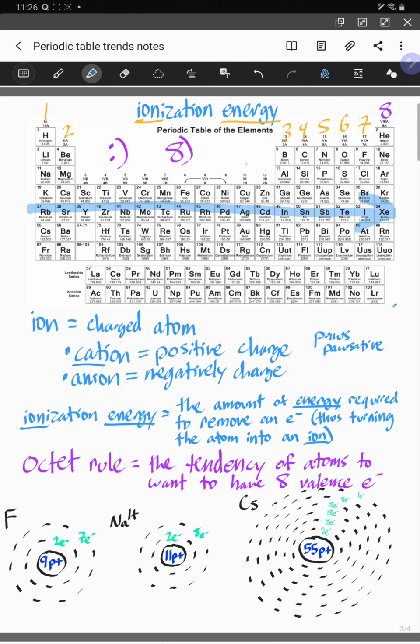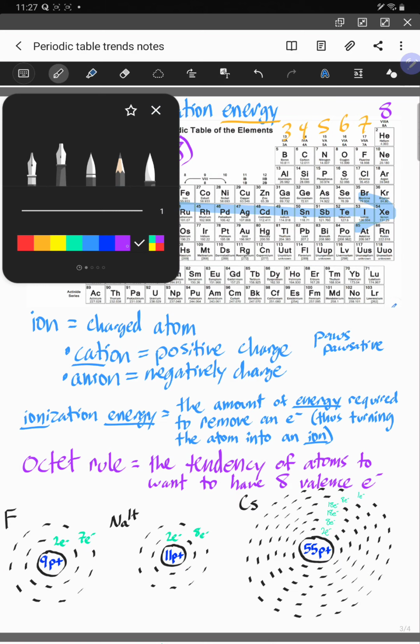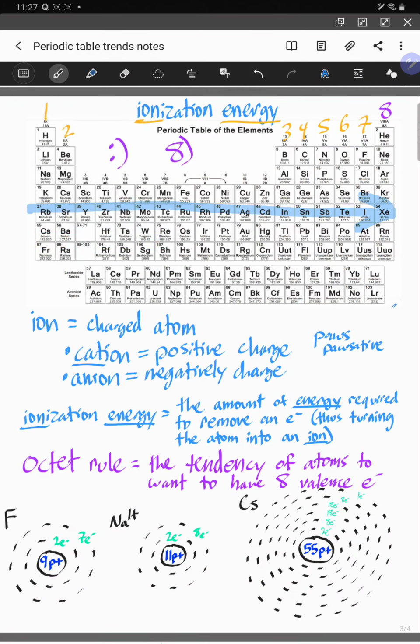Now, next we're going to discuss what about as we go up and down? Is the ionization energy going to increase as we go up or as we go down? So let's think about that one here. And I drew cesium here to help make that point. So if I have sodium versus cesium, I'm going to redraw my sodium as an uncharged sodium.